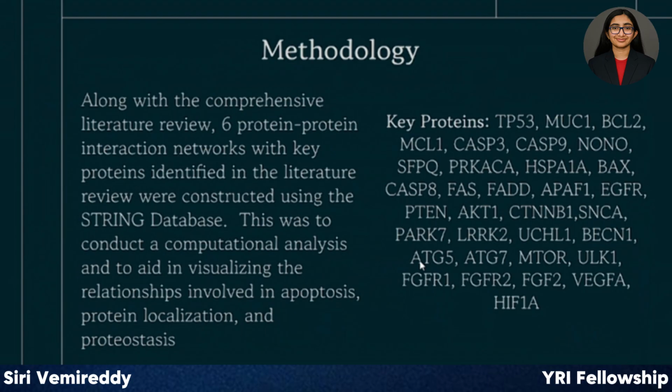The reason that we used this approach was to conduct a computational analysis and to aid in visualizing the relationships involved in apoptosis, protein localization, and proteostasis, just to see how we could base our treatments on what we could see through the visuals made by the STRING database.